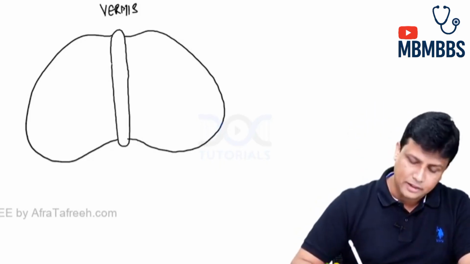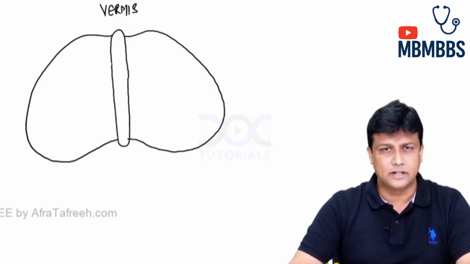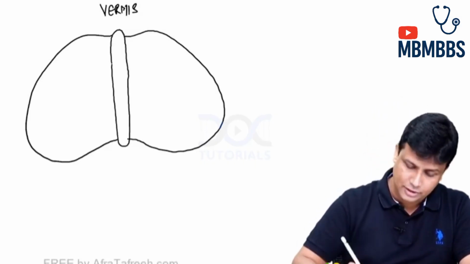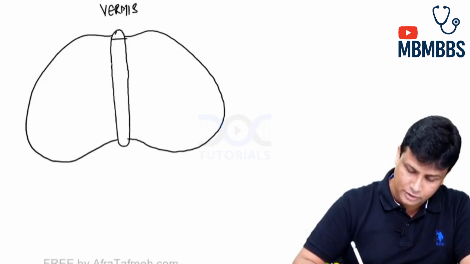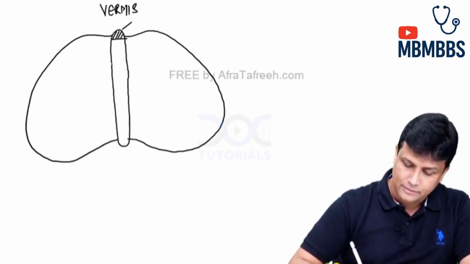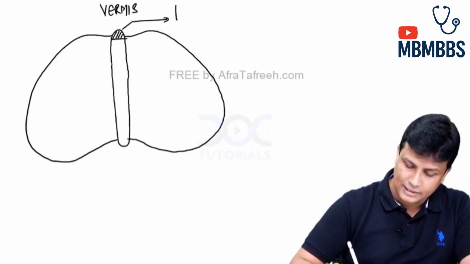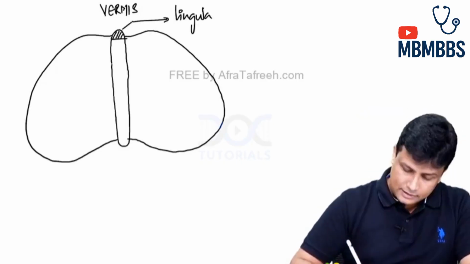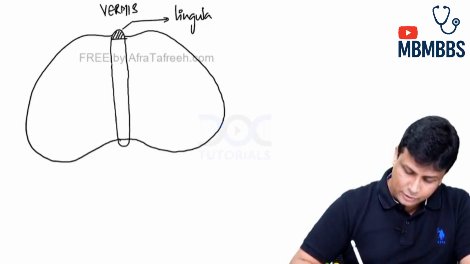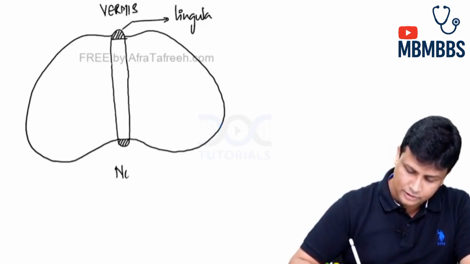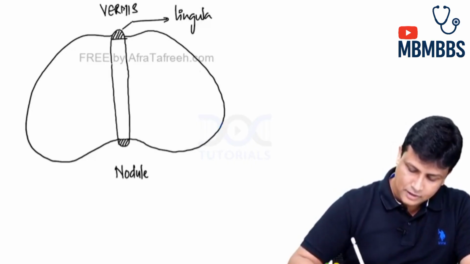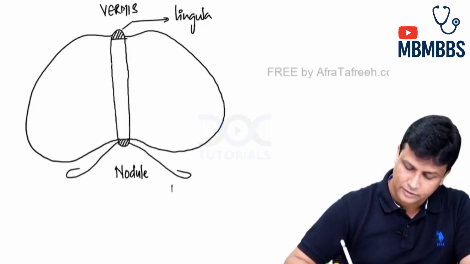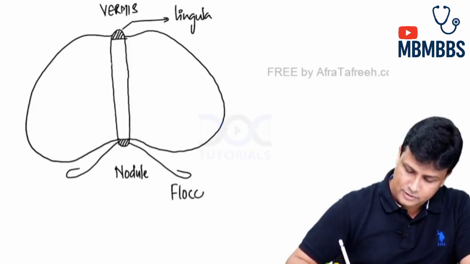Now, this vermis part is divided into many parts, guys. So many parts are there, but you don't have to remember the names of all of them. You just have to remember a few names, which I am mentioning here. Number one, this part here will be the lingula part of the vermis, and this part of the vermis here will be the nodule. This is known as the nodule here, and the nodule of the vermis will be attached with one more part here, which is referred to as the flocculus.